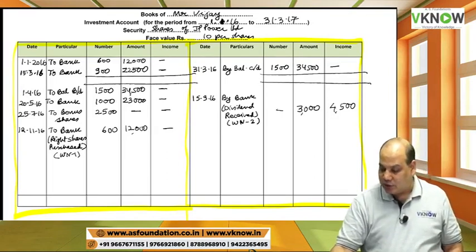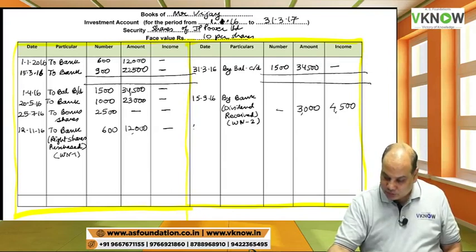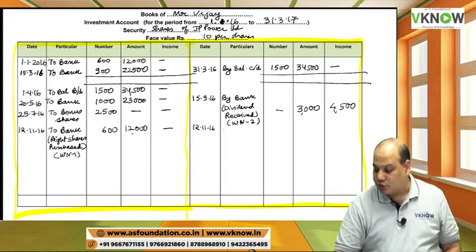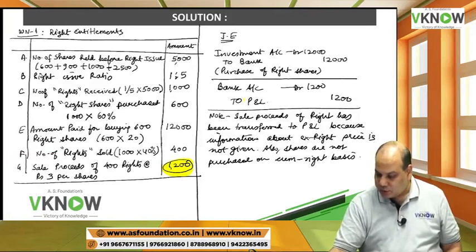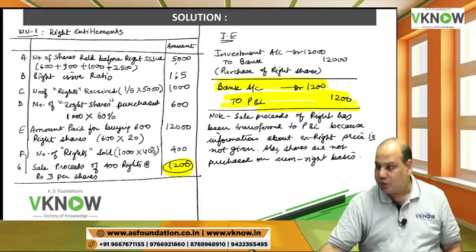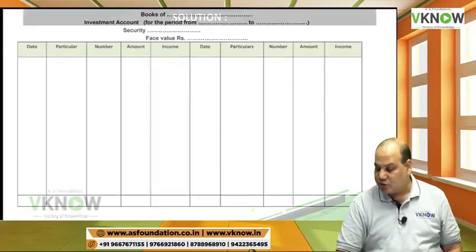But at the same time, on the same date, you have sold the rights also. Let us go to working note 1 and check below. Sale proceeds of right: bank account debit, and credit to P&L account, which means the income column.